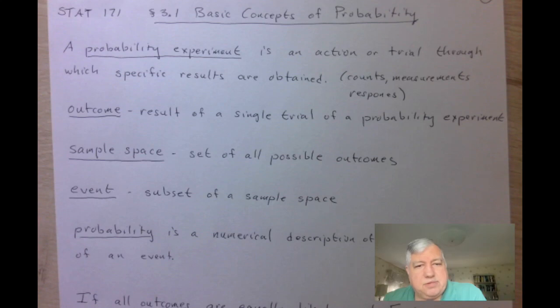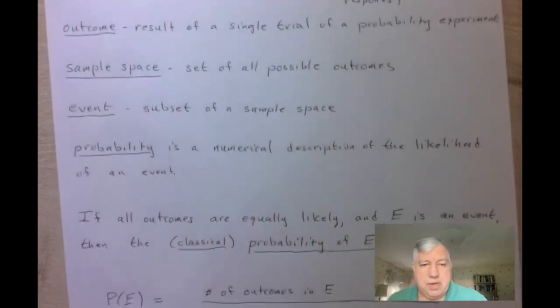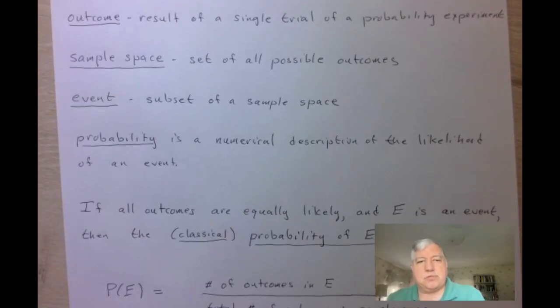We say an event is simply a subset of a sample space, and the probability is a numerical description of the likelihood of an event. Okay, this is not an official definition of probability, but kind of a practical explanation of what it's supposed to measure.